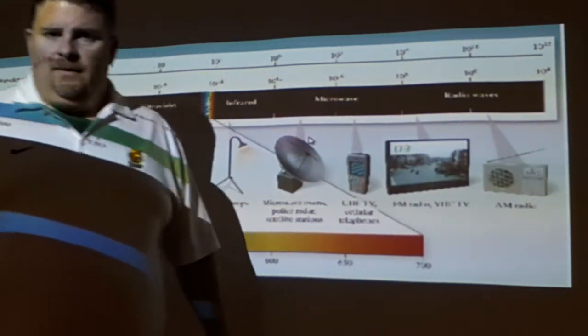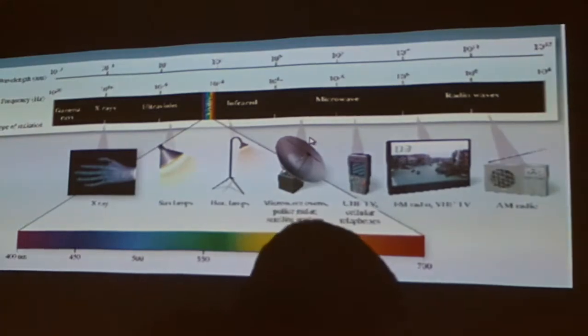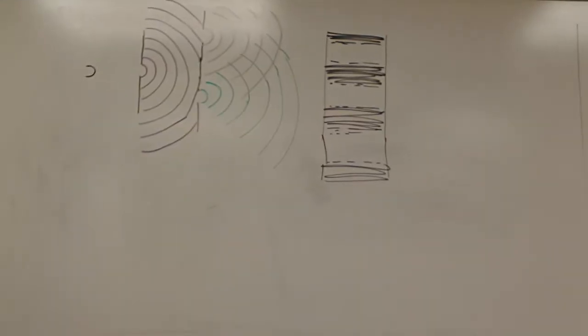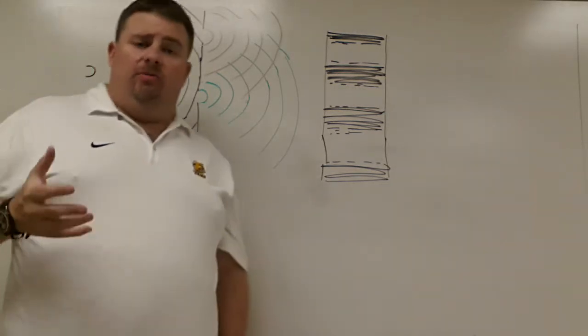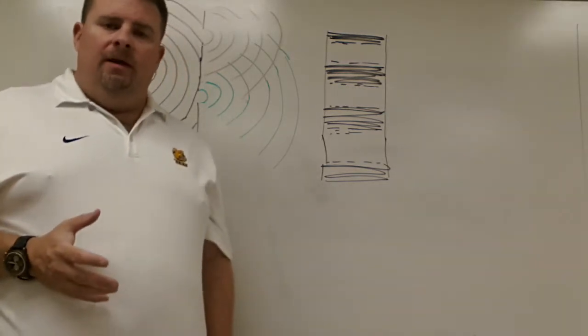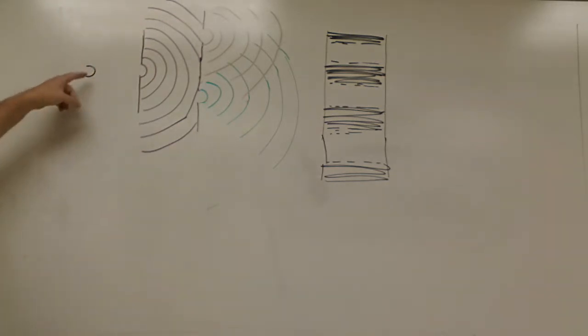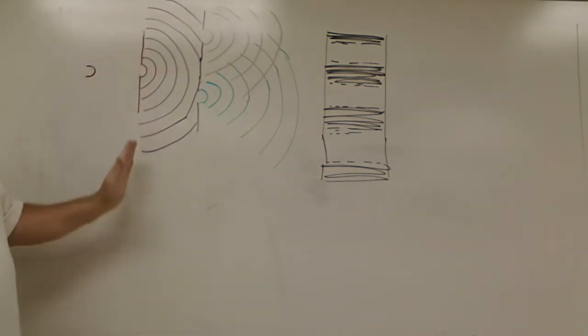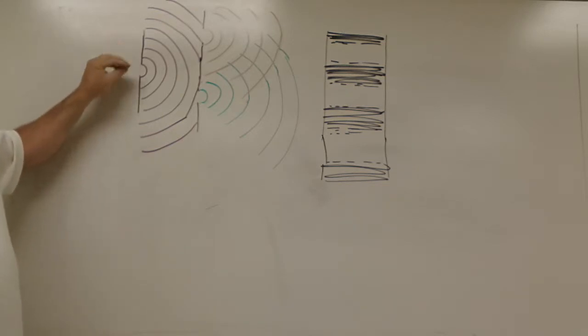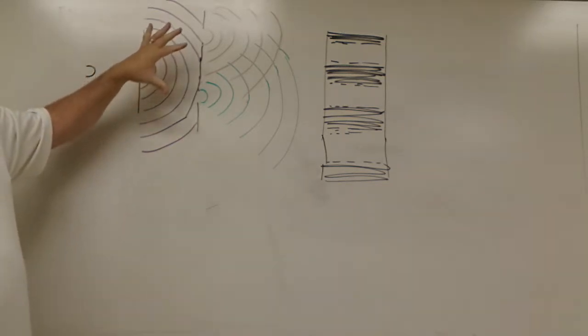Now, one more thing I want to talk about with light, and this is the double slit experiment. It kind of drives home the idea that light is a wave. What they did with the double slit experiment is they took a light source and shone light at something that had one slit in it, and that slit starts propagating a wave.